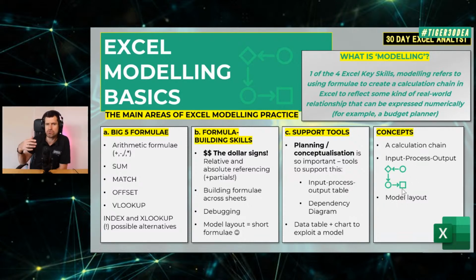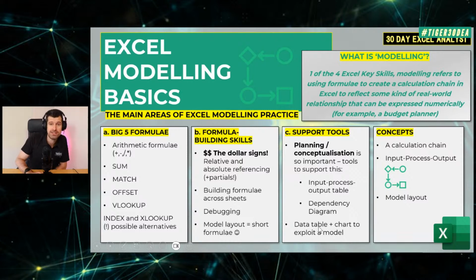So these are conceptual visual tools for planning. I find my customers love these. Non-technical people love talking about spreadsheets if they don't have to go into Excel. So any kind of visualization of Excel, diagrams, dependency diagrams, structural diagrams we'll talk about too, they could be a real bonus for you in your analytical career.